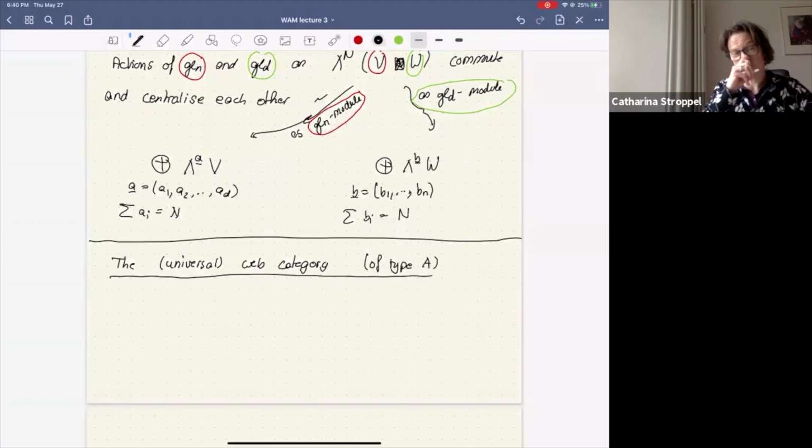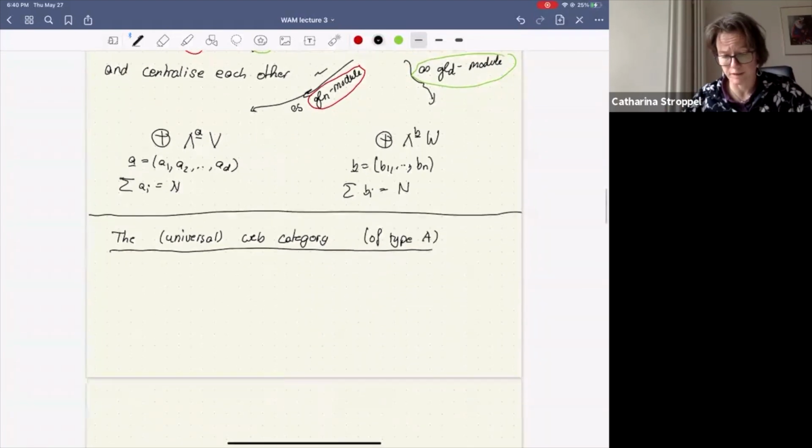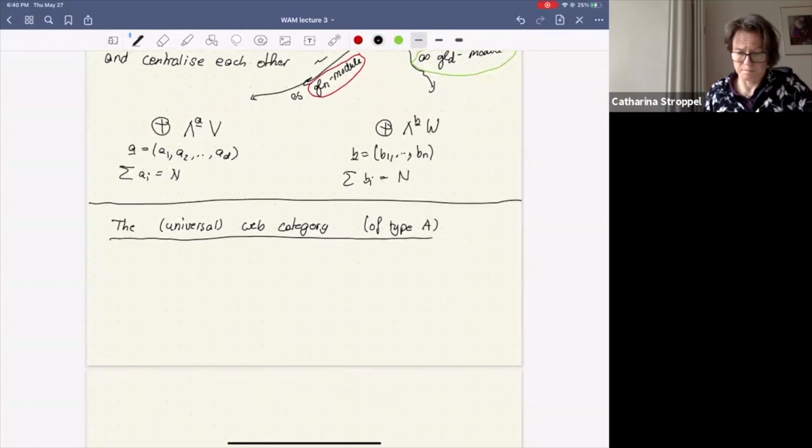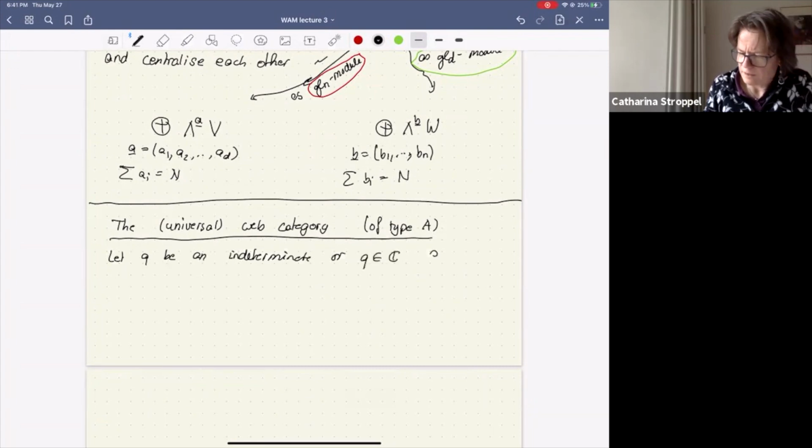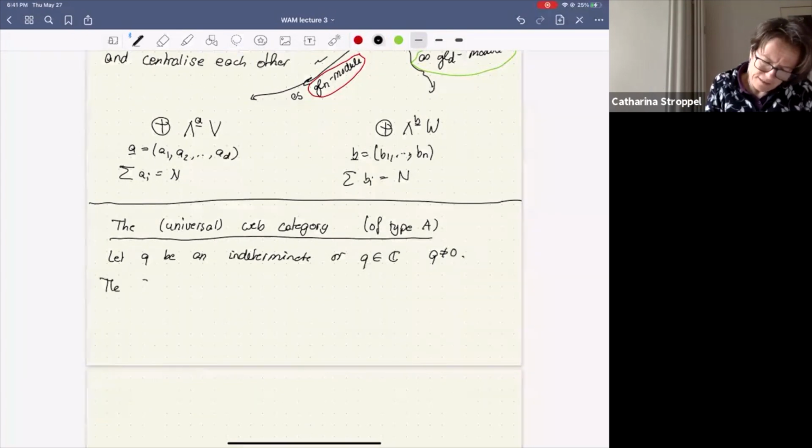So I want to introduce now a category which is built so that we can understand morphisms between these tensor products of wedges. So what I want to do is I take Q being an indeterminate or a complex number, and maybe it should be not 0. And then I define the category.